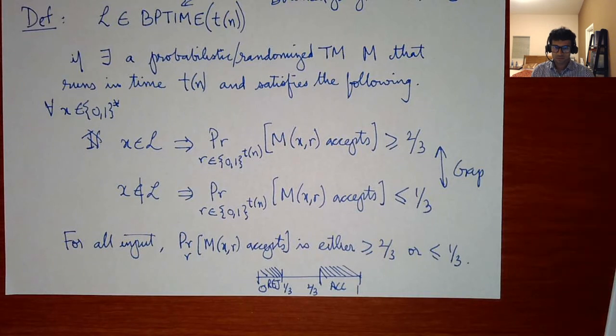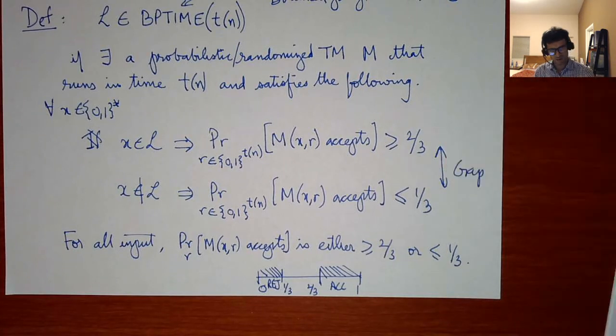As they say, a broken clock tells the time twice a day. You just guess randomly, and with probability half, you'll be correct. So half is not interesting. The question is, how far away from half can you get?